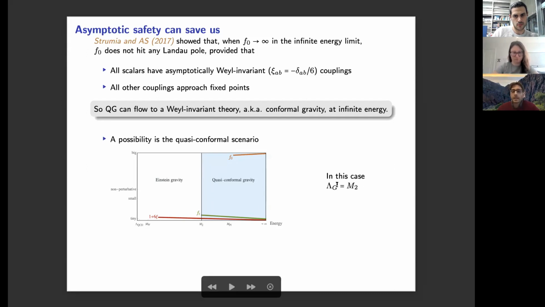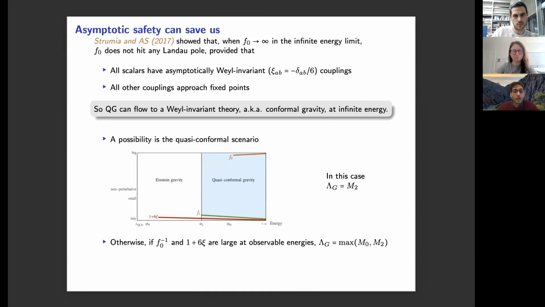And in this case, lambda_G, the gravity scale, is equal to m_2, the mass of the abnormal graviton. Another possibility is that f_0^-1 and 1 plus 6 xi are large at observable energies. And in this case, lambda_G is equal to the maximum between m_0 and m_2.